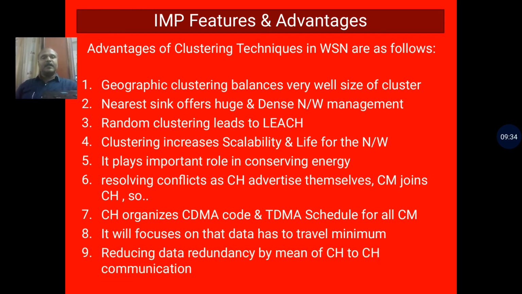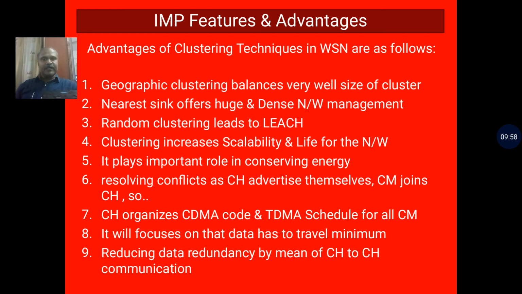Data redundancy is reduced by means of cluster head to cluster head communication. Each cluster head can communicate with another cluster head and further towards the sink. Simple cluster members can't connect to another cluster member directly.